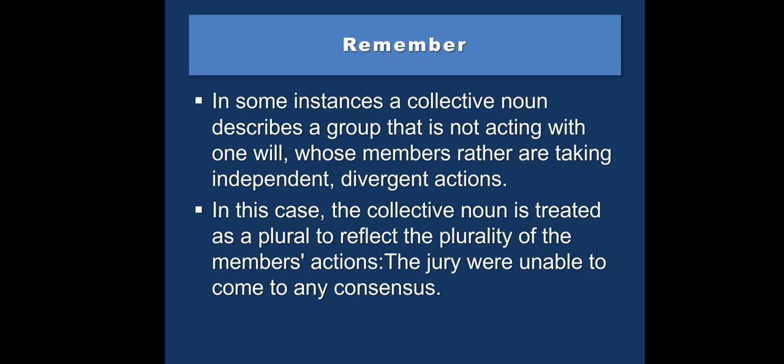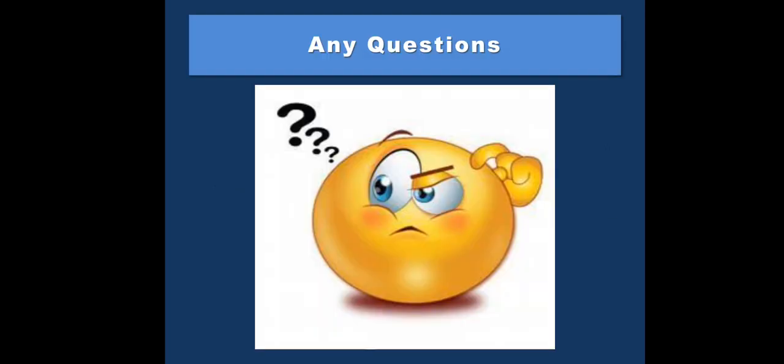So the jury were unable to come to any consensus. It means the jury is divided in its opinion. But if I say the jury has reached its verdict, it means the jury has finally decided something. So in that instance, the jury will be singular, not plural.